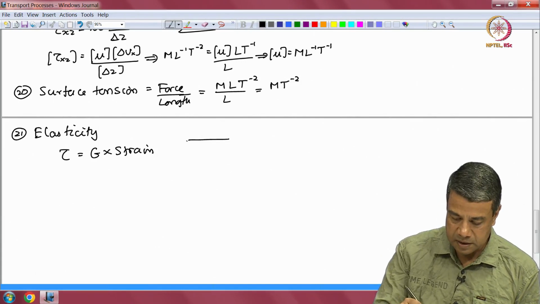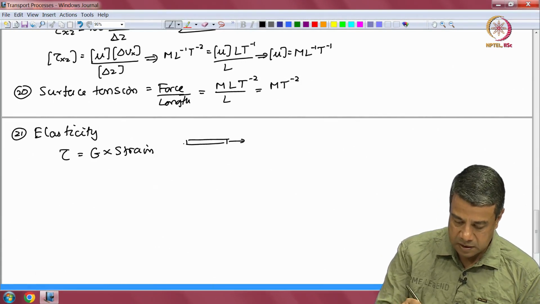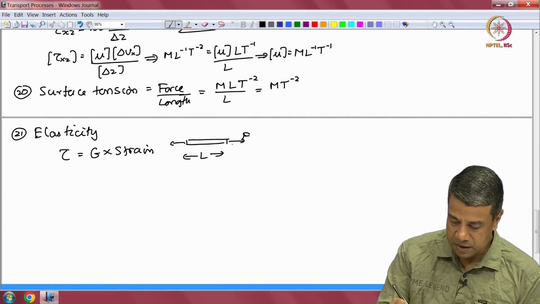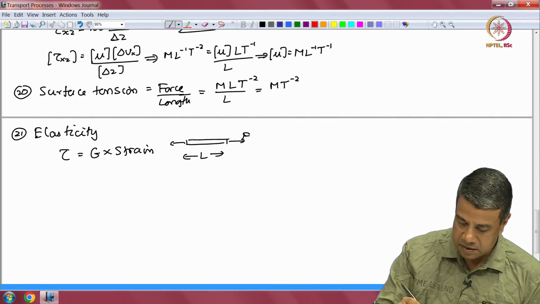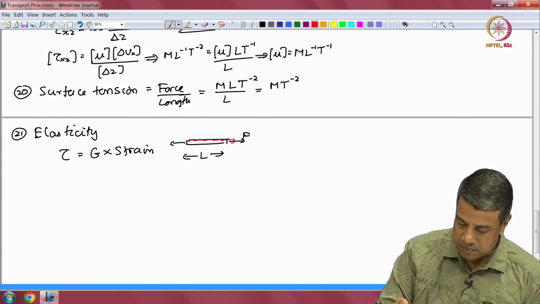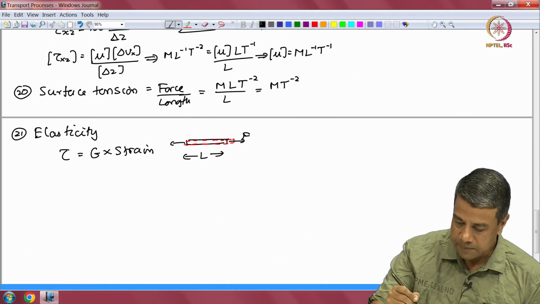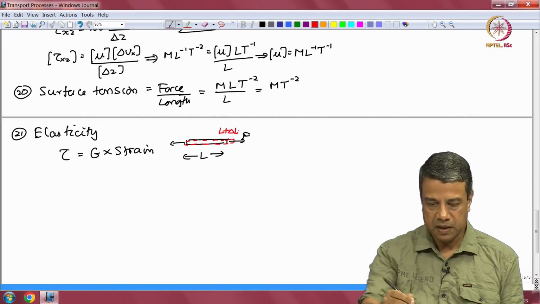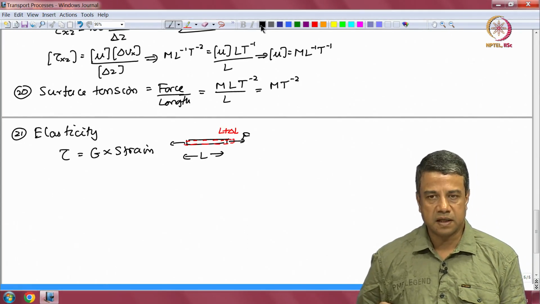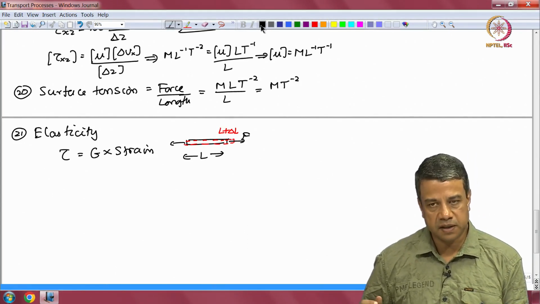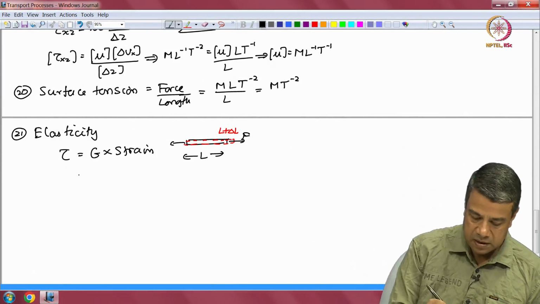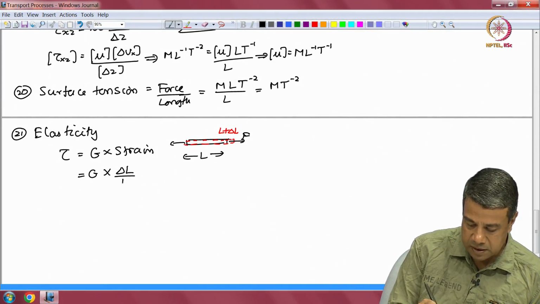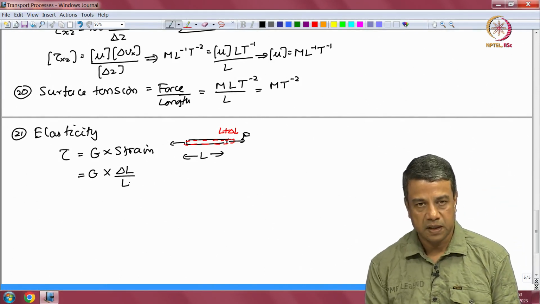If I take an object and apply a force on it, if the original length was L, due to the force it stretches and the actual length becomes L plus delta L. The strain is defined as the difference in length due to this exerted force divided by the original length. So, this is equal to G into the change in the length divided by the length itself. That is the strain.